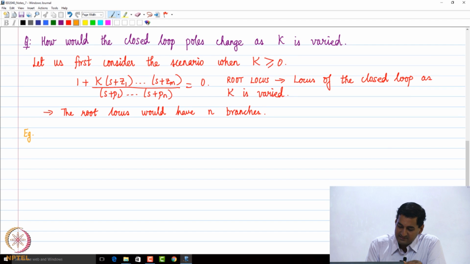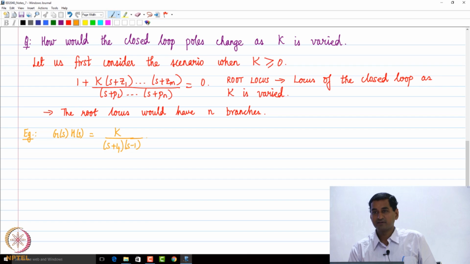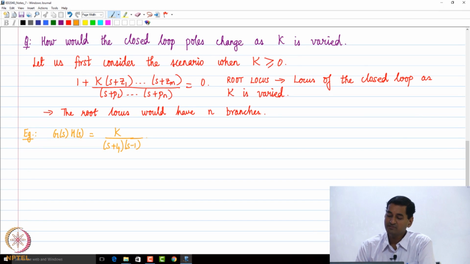Let us say G(s)H(s) equals K divided by (s plus 4) times (s minus 1), just to convey the point. K is some non-negative real number, and this is the open loop transfer function. How can we get this open loop transfer function?